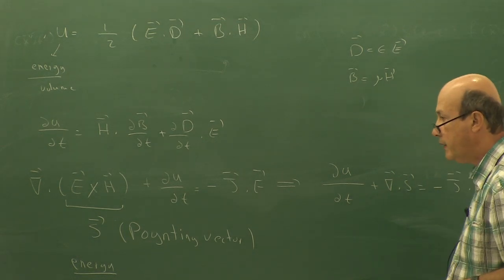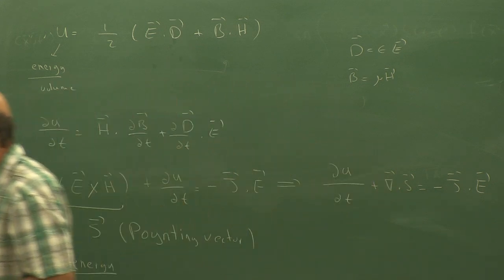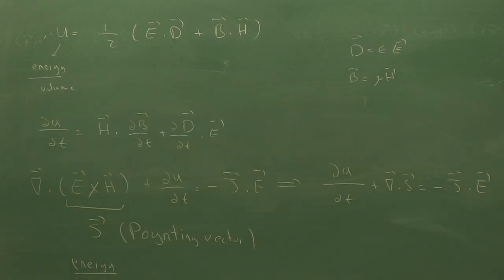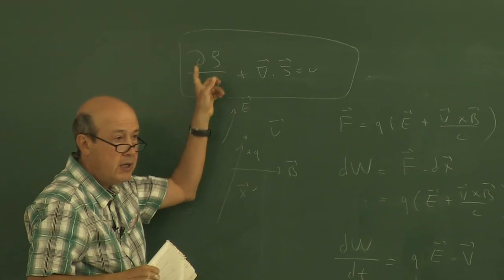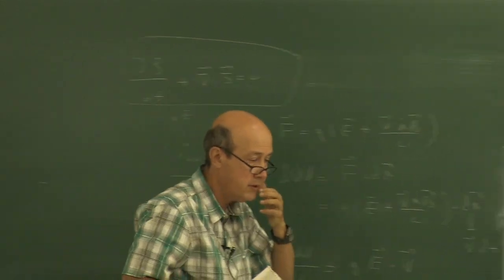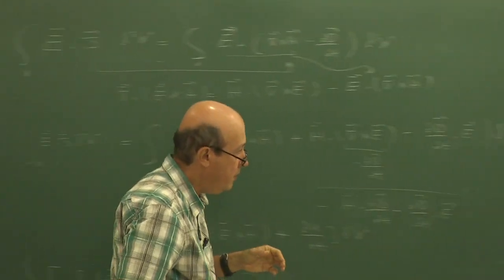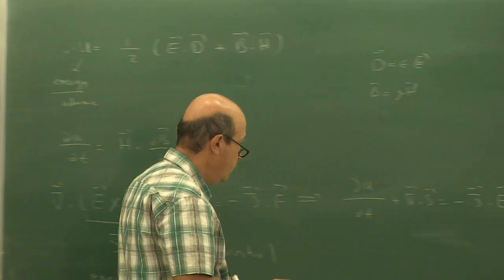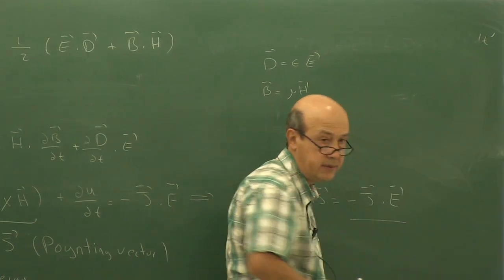If you compare this equation with the continuity of the charge density, what is the difference? Charge density per time plus divergence of J is equal to 0, but in that case you have a sink term with the minus.